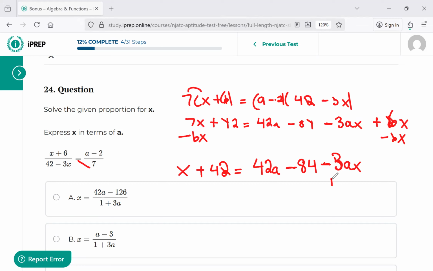So I'm going to add 3ax, and then subtract 42, and you get x plus 3ax.